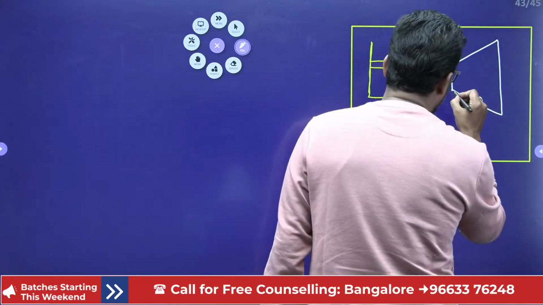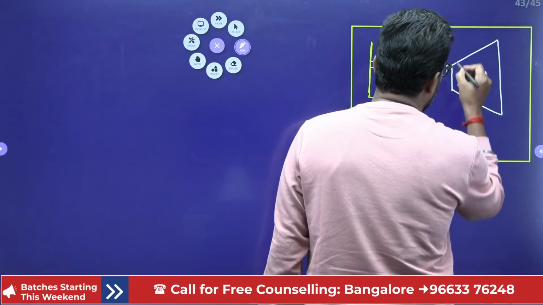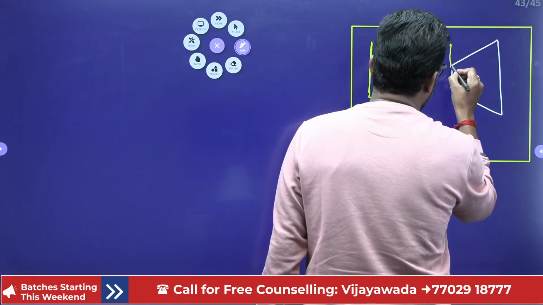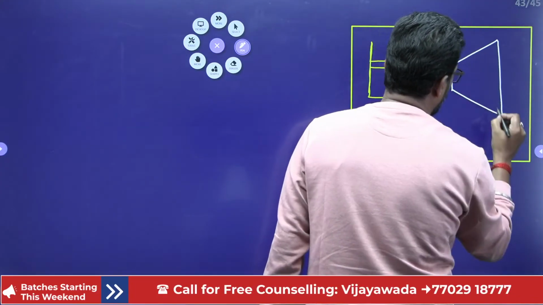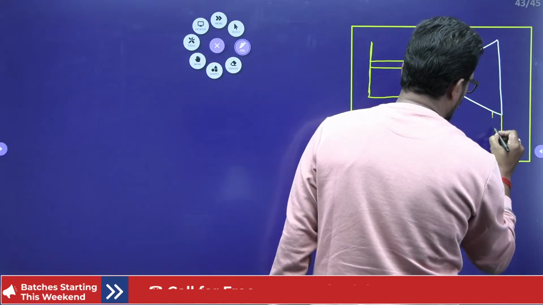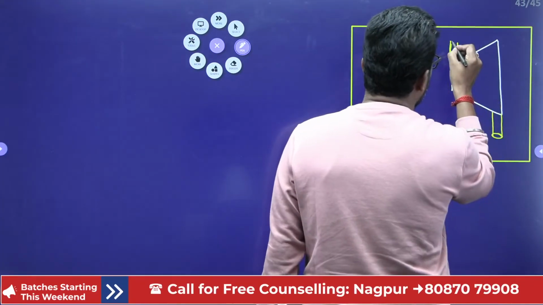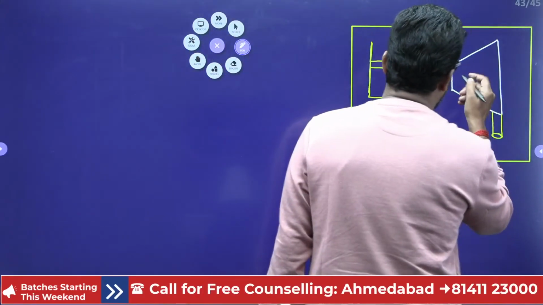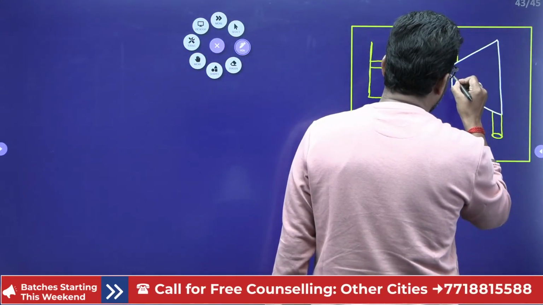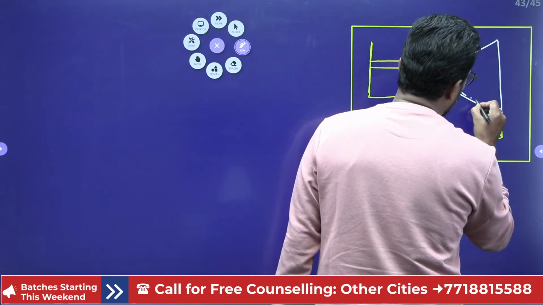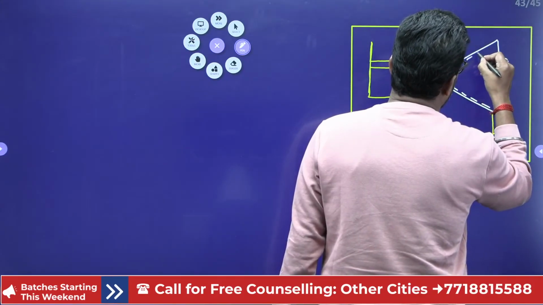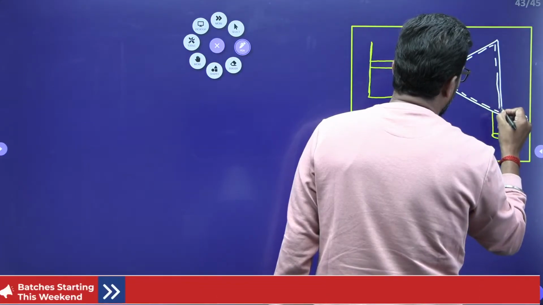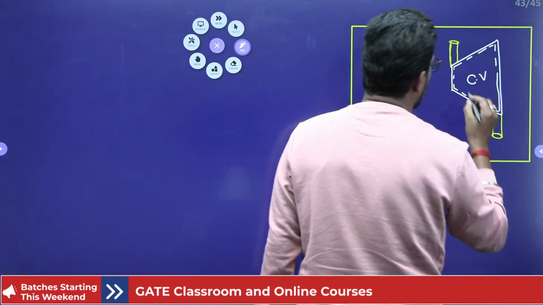That means something is in here. Let's suppose this is our inlet and this is our exit. Let's suppose this is an expansion device, like a turbine. So this is our system, and this is a control volume system. Why?